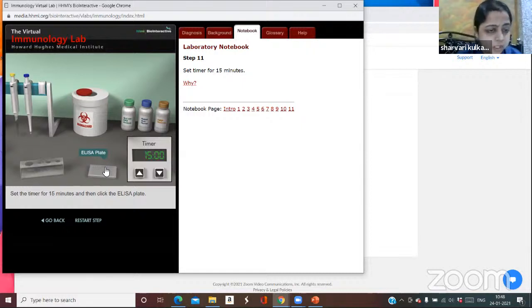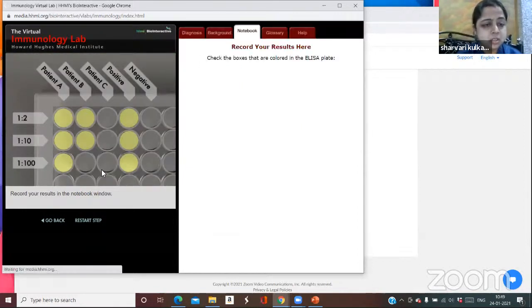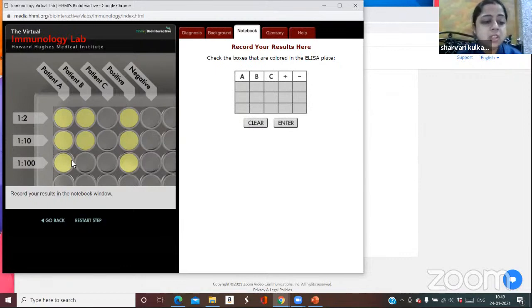Click on the timer again for 15 minutes and click on the ELISA plate. I will click on the plate. Right? So this is our result.